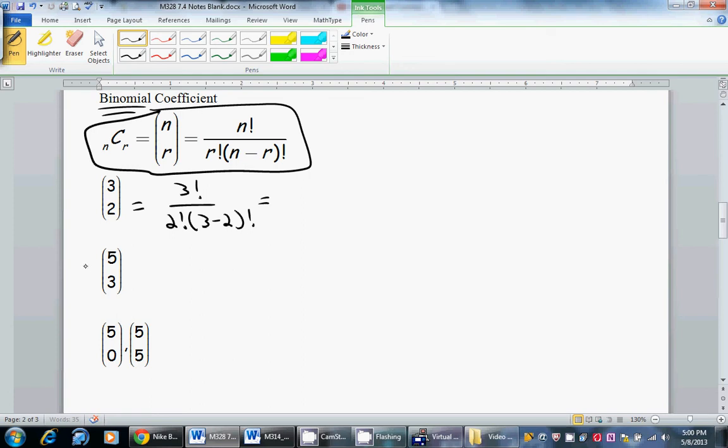These numbers are small enough that I can evaluate them, but I'm going to cancel some stuff out. 3 factorial is 3 times 2 times 1, over 2 factorial, which is 2 times 1. And in the parentheses, 3 minus 2 is 1 factorial, which is just 1. Now the 2's cancel, the 1's cancel, and this becomes 3 over 1, which is just 3.